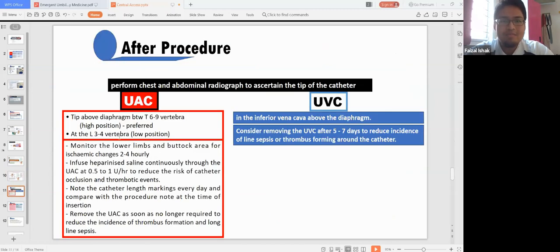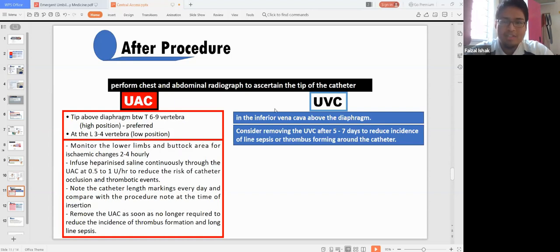And then after the procedure, we must perform a chest and abdominal radiograph to ascertain the tip of the catheter. For the UAC, the desired placement of the tip is above the diaphragm, between T6 and T9 of the vertebra for high position.